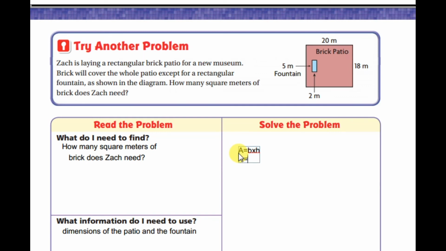A is equal, B here is 20 times H is 18. So this equals, put the 0 and 2 times 18 will be 36. So it will be 360 and the unit here is square meters.